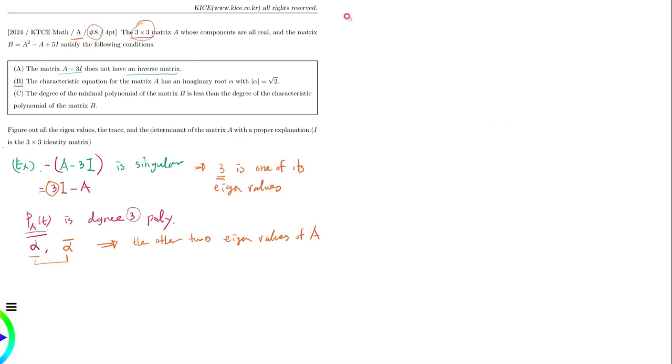So the matrix A, which is a 3 by 3 real matrix, has 3 eigenvalues: 3, alpha, and alpha bar, its complex conjugate, and its following eigenvectors are v1, v2, and v3, as an ordered set.